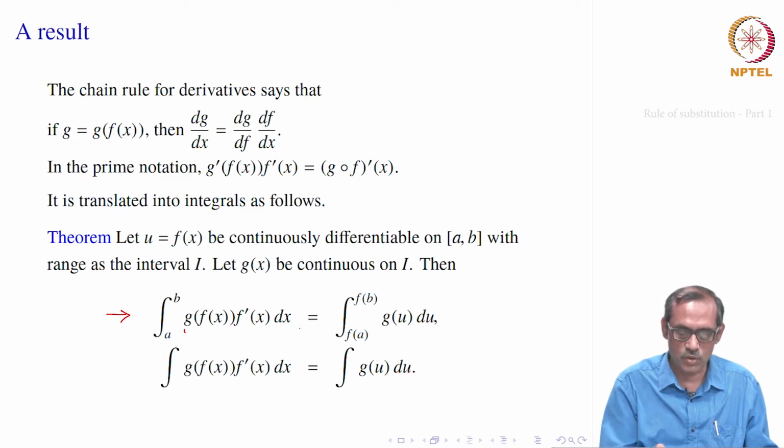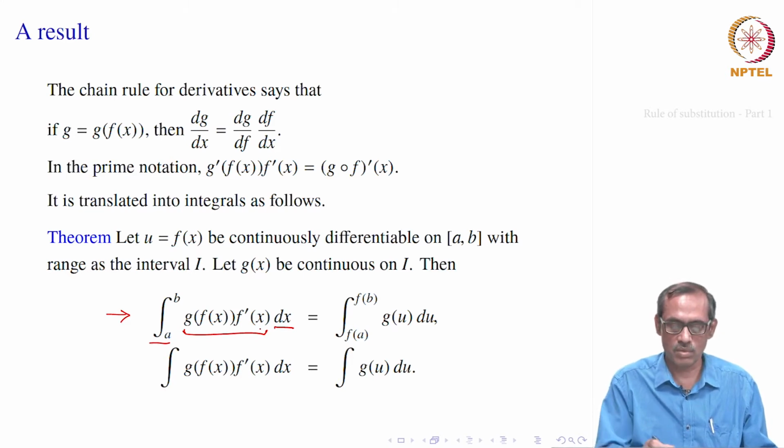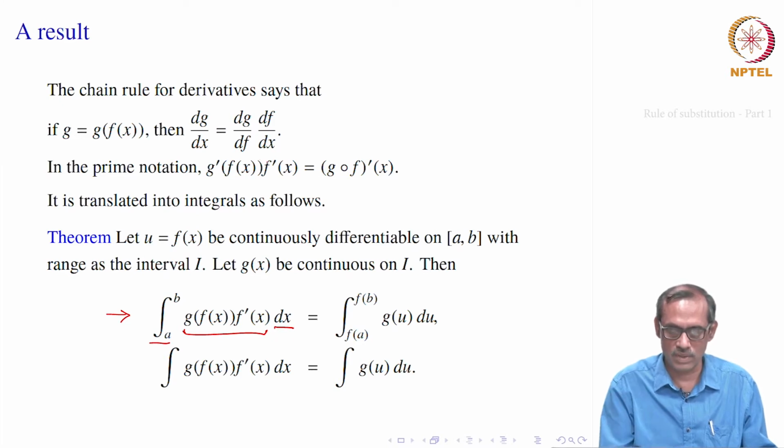The integrand is g of f of x times f prime of x. So, that is our function now to be integrated. Now, when you write g of f of x times f prime of x, it looks like the earlier chain rule. We want to see how the chain rule is applied.